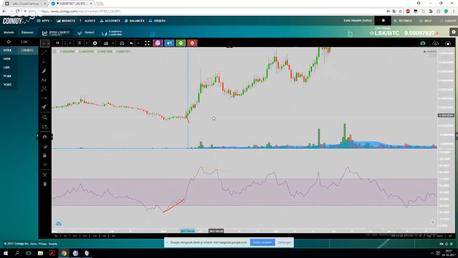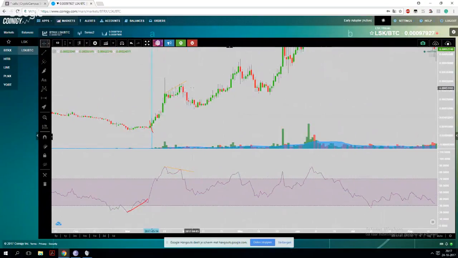And this pattern actually repeats itself. I will just take my cursor. As you can see, the RSI kept going down, down, down, and it never really made a new high. Until we came at a point, of course, which is right around here. I think I should extend that a little bit.